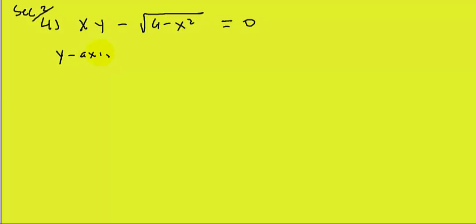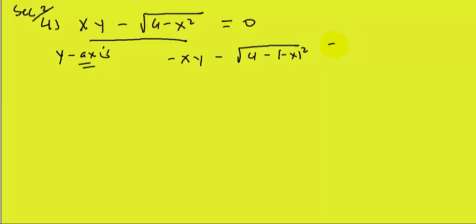Okay, how do you check? You're going to replace x with the negative x. Every place you see an x, you're going to replace with a negative. So negative x, y, minus square root of 4 minus a negative x quantity squared is equal to 0. After you make the replacement, you're going to clean it up.